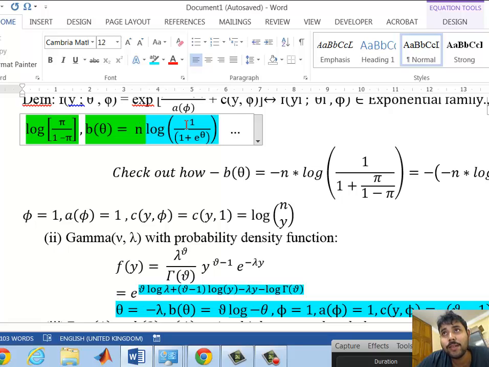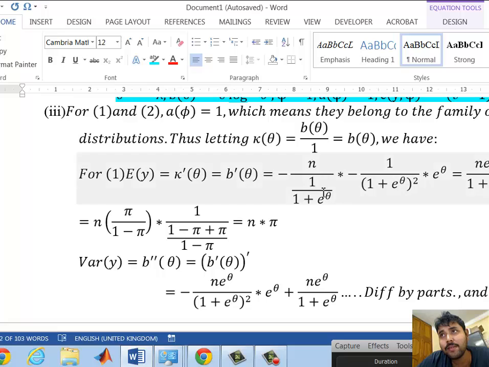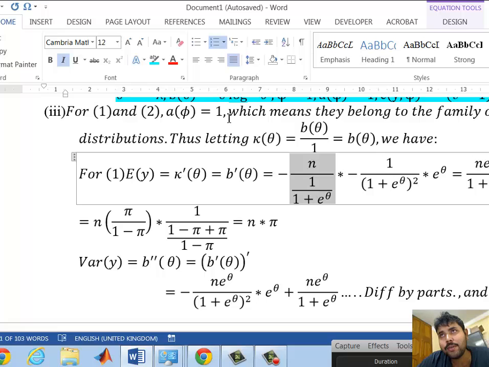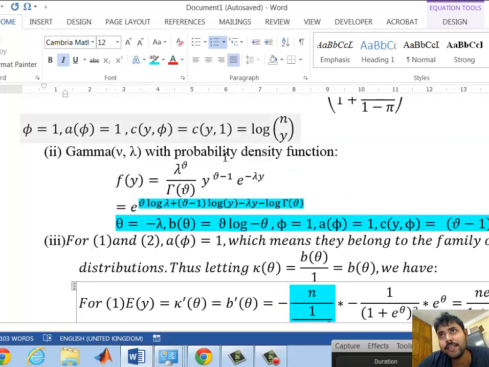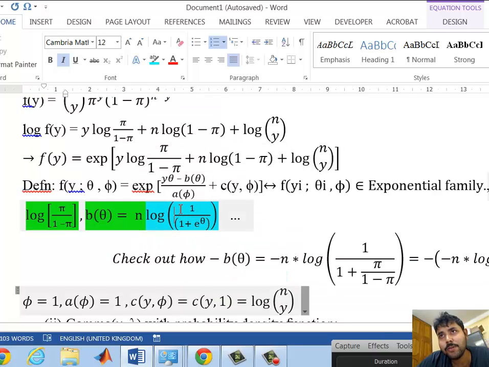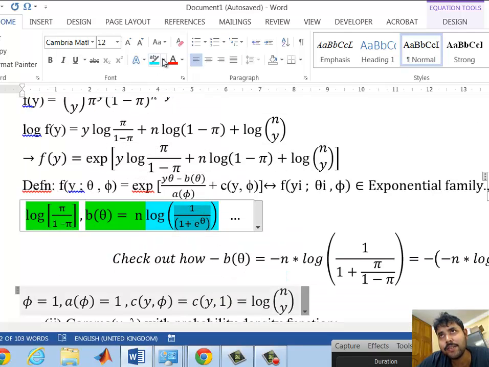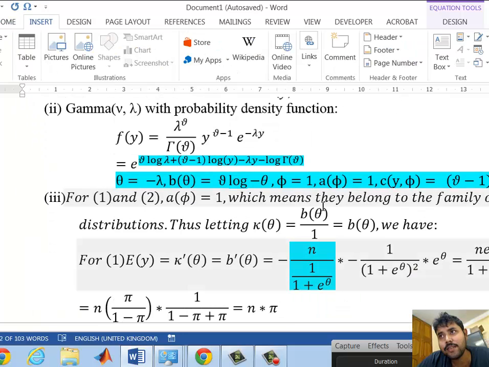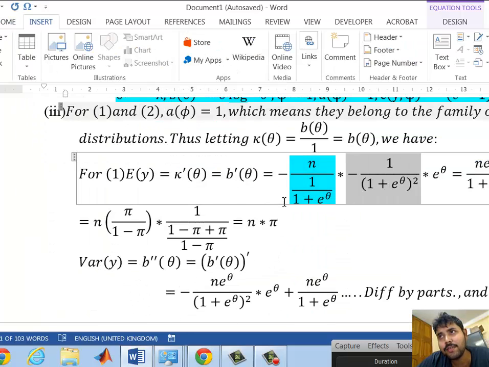So it becomes n into 1 by this term, which basically shifts the 1 plus theta in the numerator, and then basically this n into 1 by 1 plus theta, and then we again differentiate this part going inside the function when you have a function of functions. So which is nothing but this.